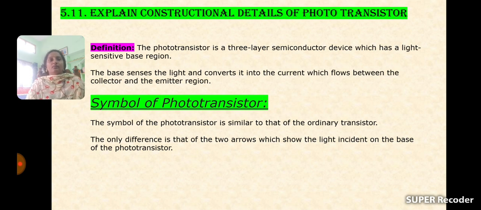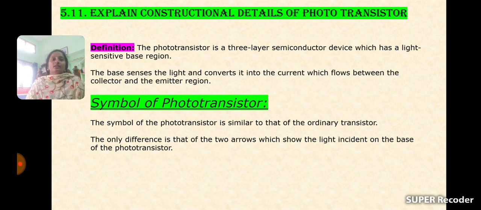So in this way, a phototransistor is a three-layer semiconductor device which has a light-sensitive base region. What is meant by phototransistor? It is a three-layer semiconductor device which has a light-sensitive base region.